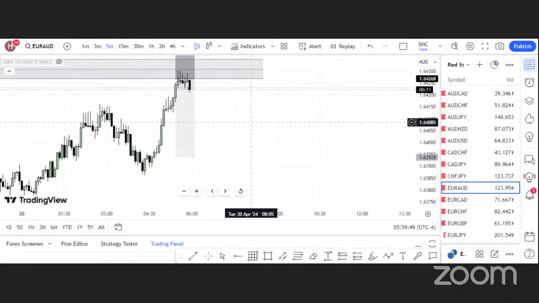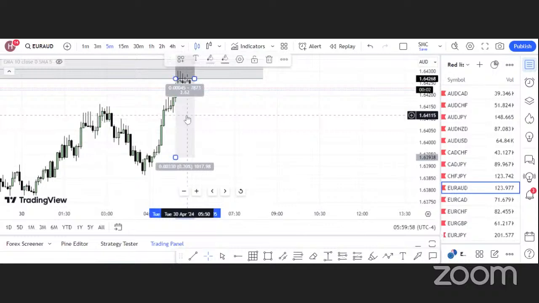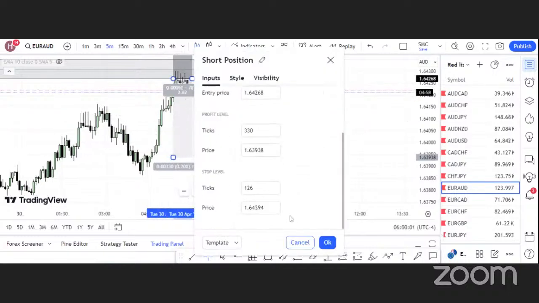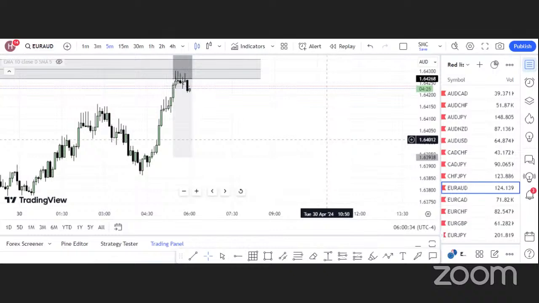Okay, let me see if we can set a stop loss and a take profit on this trade. I'm gonna copy out the take profit and the stop loss for this trade.